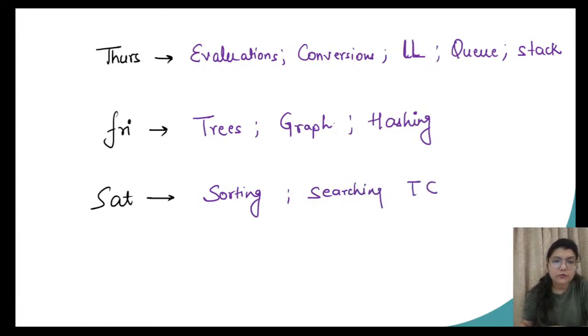Otherwise, if we are not able to cover questions in these two topics, we'll shift this topic to Saturday as well, and then from Monday we'll start the algorithm. ठीक है.